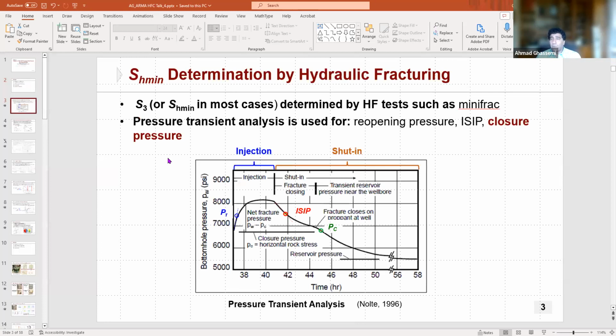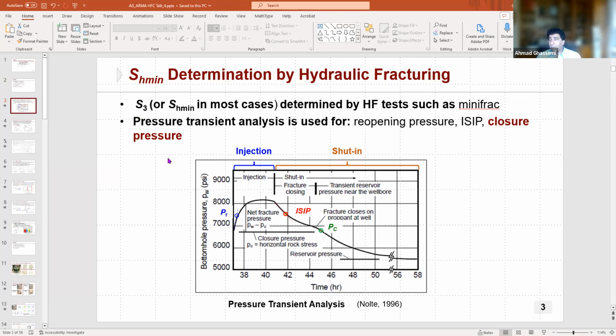So for those who maybe have forgotten or maybe are not much involved in this process, the Shmin obviously is critical to many aspects of reservoir development, and it is often determined using a minifrac or a micro-frac test.